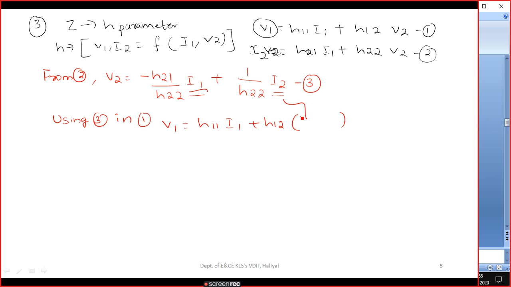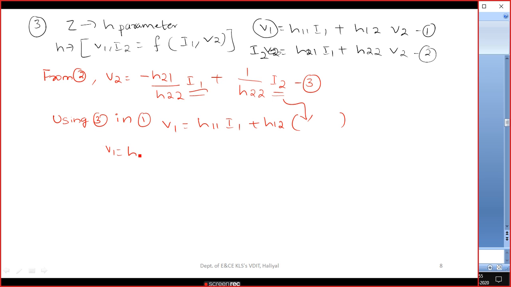So you put it here, and if you solve, V1 is equal to... can anyone solve?